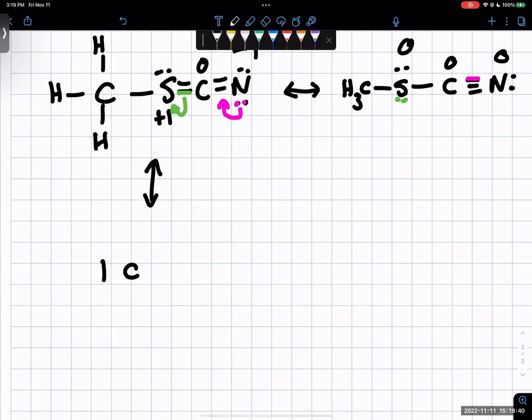Okay, so we do CH3, S, that's gonna have a triple bond here. And what I'm doing, I'm taking these lone pairs and making a bond to carbon. If we make a bond to carbon, we gotta break a bond to carbon. So one of these bonds is gonna make a lone pair on the nitrogen, giving nitrogen 3 lone pairs, which is super unstable. That's okay. And there. Formal charge on sulfur in this case is what?